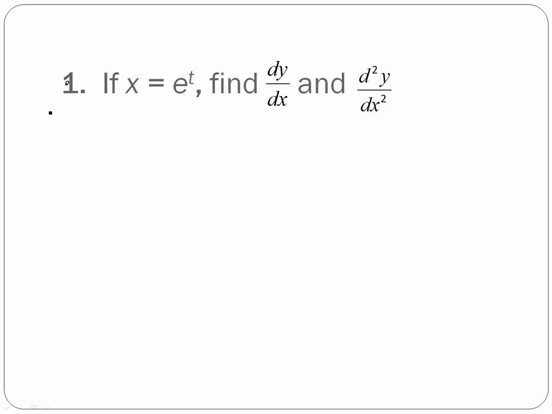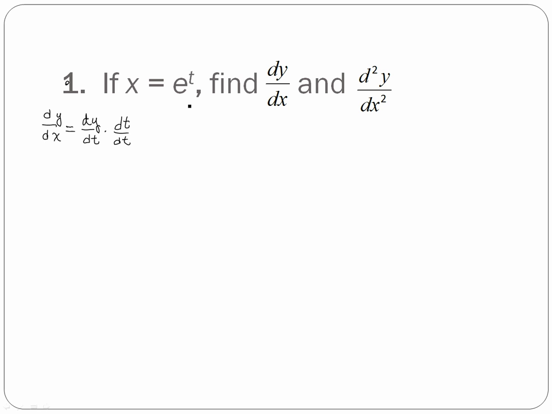In order to get dy dx, I'll have to use the chain rule. dy dx is dy dt times dt dx, because x is defined in terms of t.